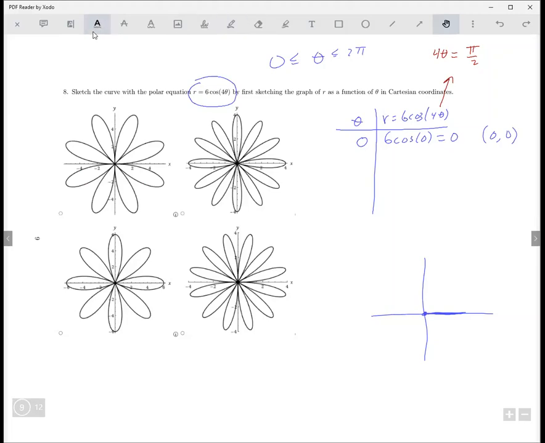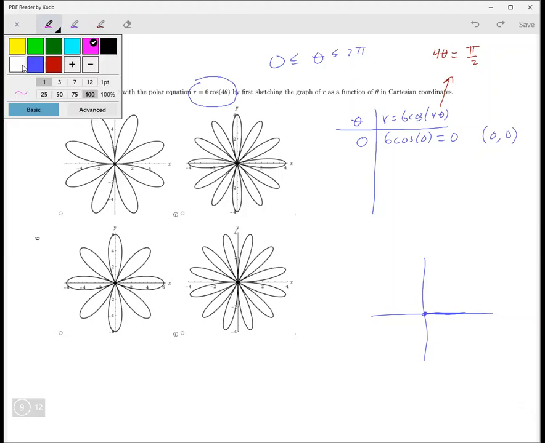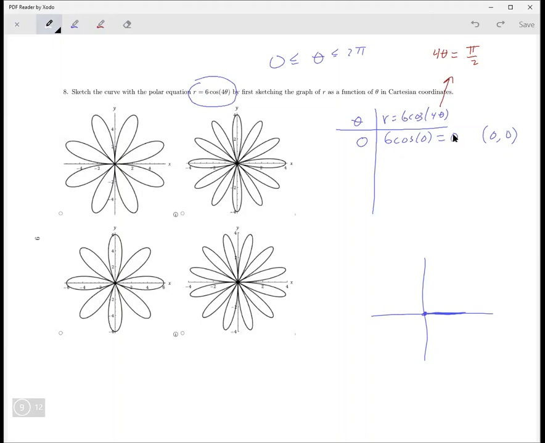No, I made a mistake here. I'm sorry. Drat. Cosine of 0 is not 0. It's 1. So this is 6. So you get 0, 6. So your first point is going to be over here at 6.